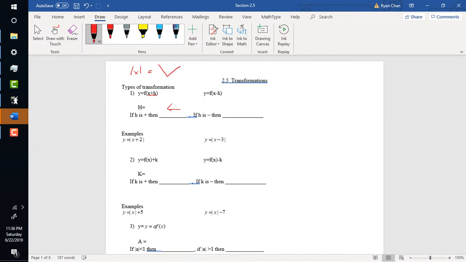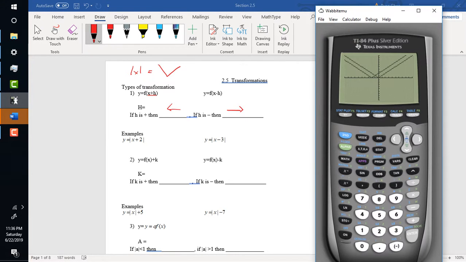Obviously if it's negative, it's going to go the opposite way, to the right. Now, here's the thing for all of you: it's really easy to feel like you need to memorize everything. For transformations, yes, there might be pressure to do that. But remember, you have your graphing calculator, so if you're not sure, test it out.